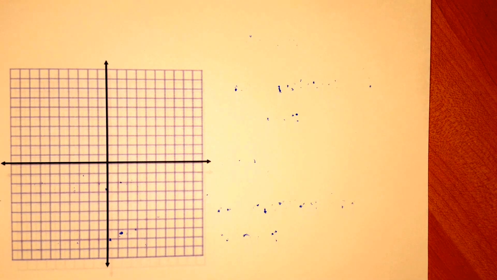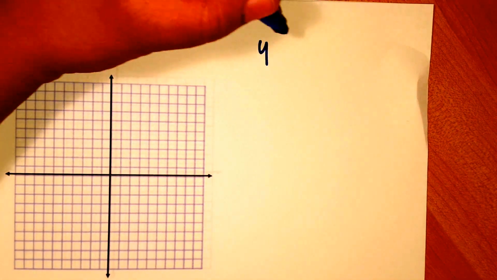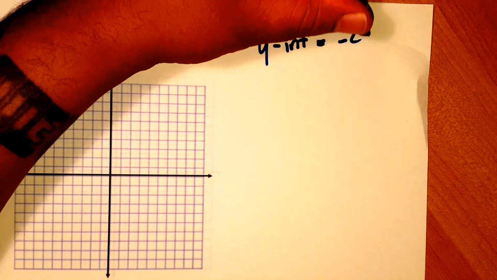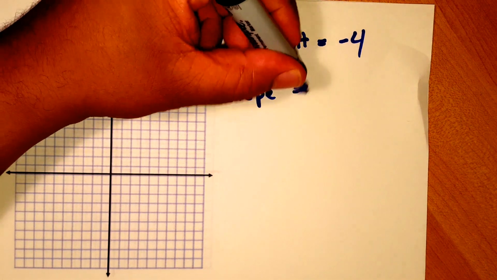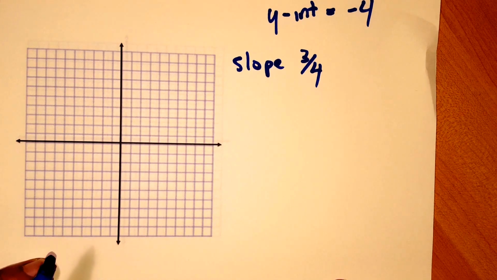So let's take a look at an example. If we're given information of a y-intercept equal to -4, a slope of 3/4, what that means is we're going to go to our graph.